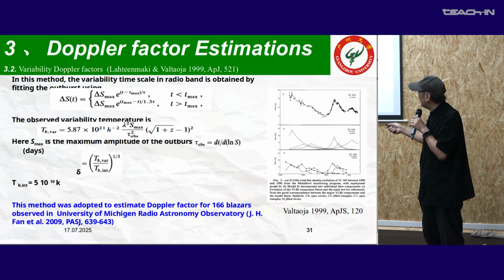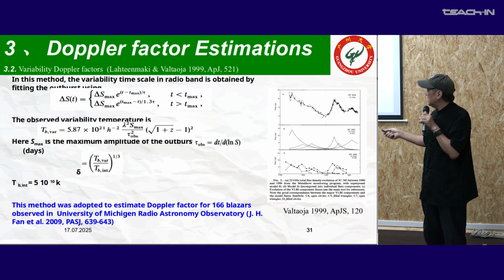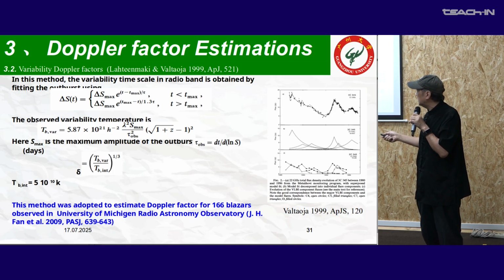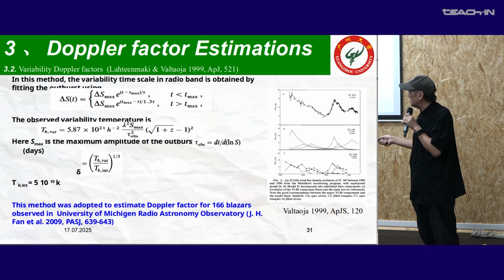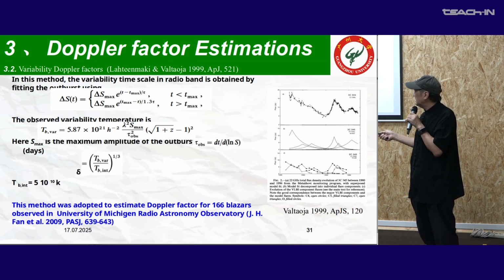They use the time scale and the variation amplitude to get the brightness temperature. They assume that the intrinsic brightness temperature is this value. Then they can get the Doppler factor in this way.